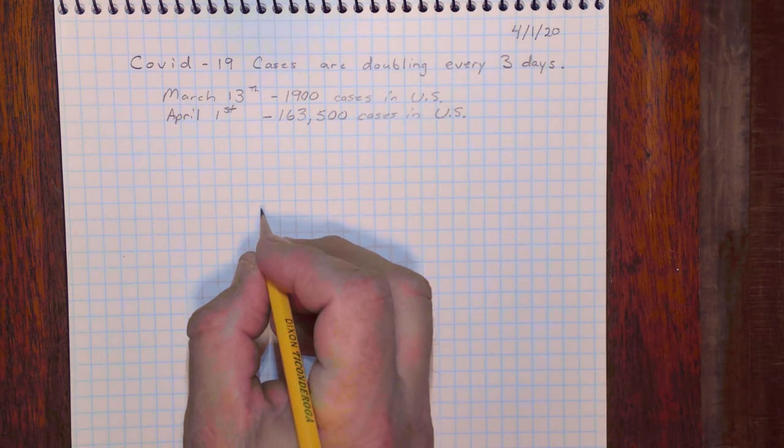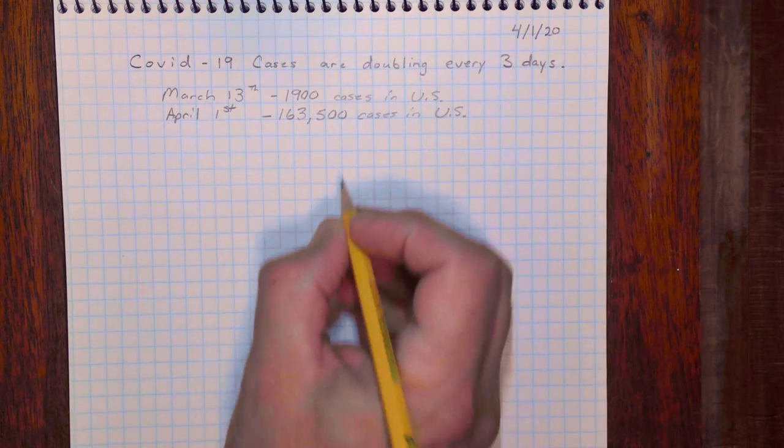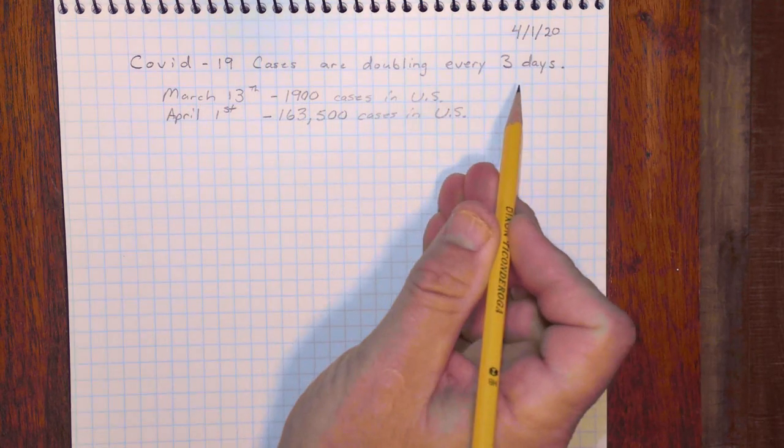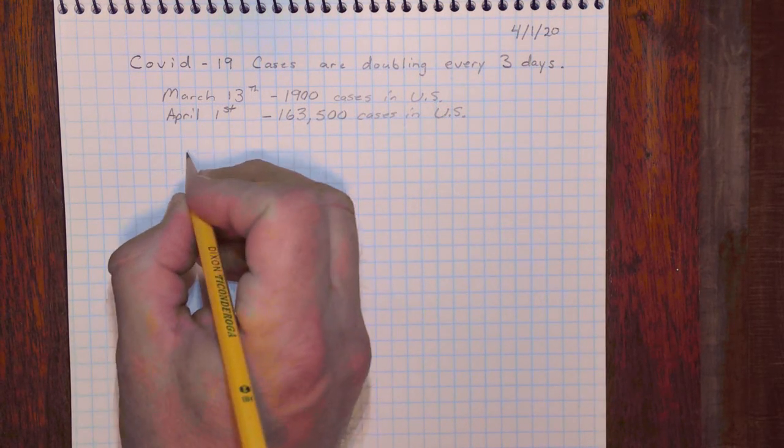So now the equation that's going to govern this type of exponential growth, and when we can say we're doubling every 3 days, that is something that would be an exponential function.